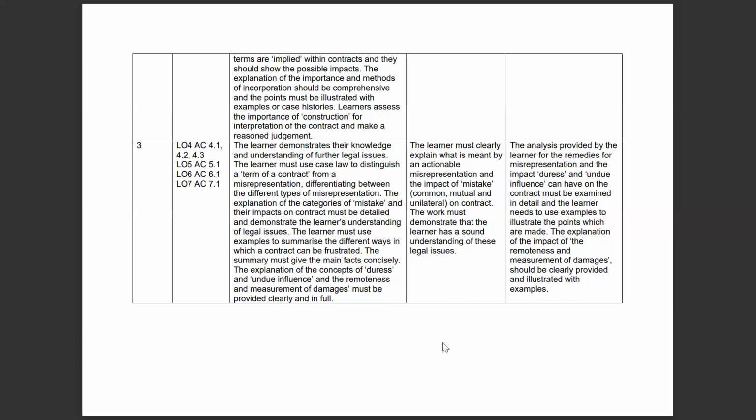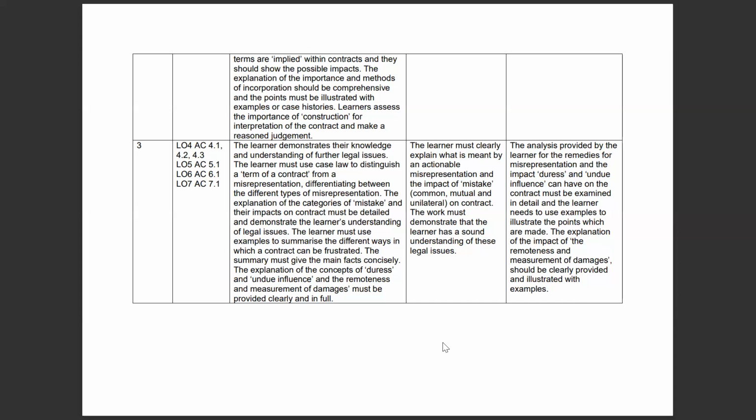For the extension for the distinction mark, the analysis provided by the learner for the remedies for misrepresentation and the impact duress and undue influence can have on the contract must be examined in detail, and the learner needs to use examples to illustrate the points they make. The explanation of the impact of remoteness and the measurement of damages should be clearly provided and illustrated with examples.